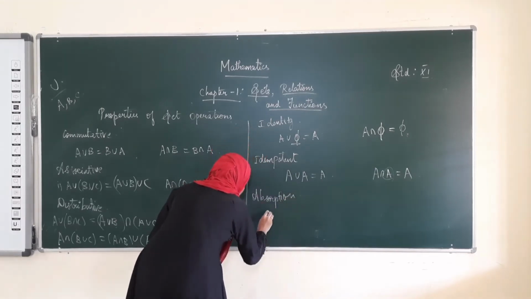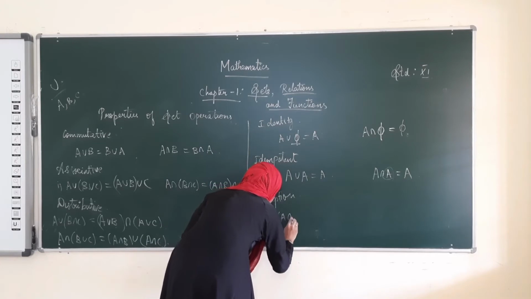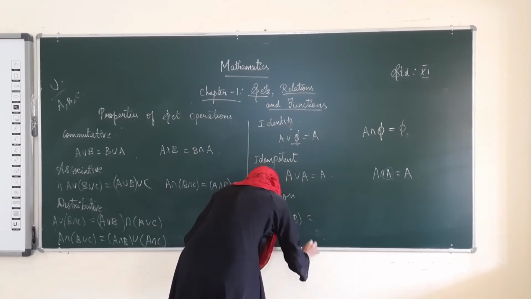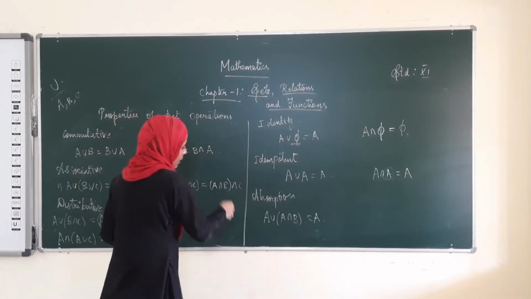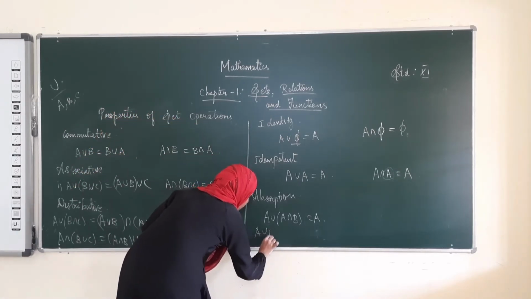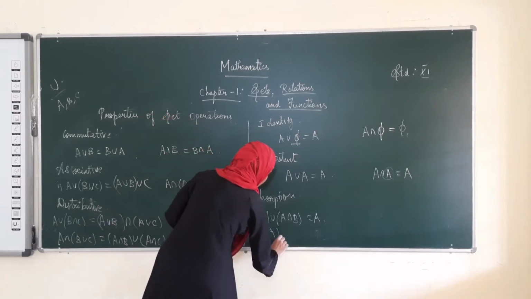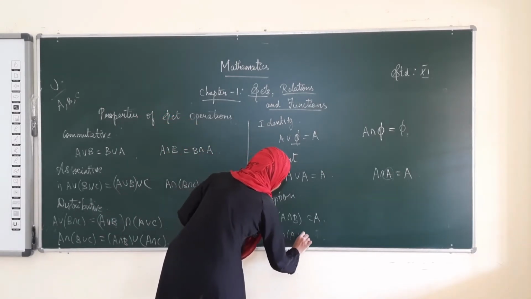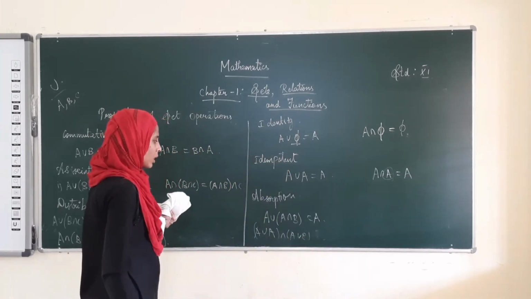What is absorption law? A union (A intersection B) will be equal to A. See, this can be done as (A union A) intersection (A union B) using distributive law.